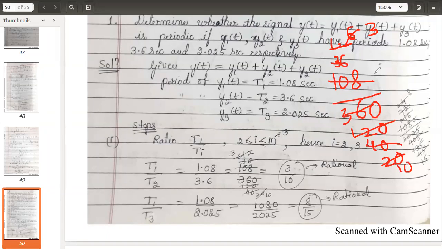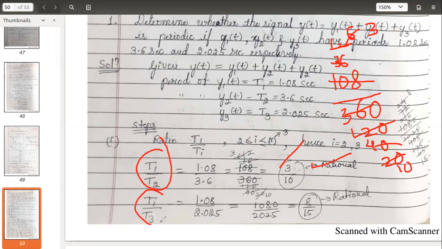Don't do it as 0.3 or something, don't write in points. I want the rational ratio, integers. Numbers should be integers, so I got 3 by 10. The ratio has whole numbers, both numerator and denominator are integers, so it is rational. I got the rational ratio for T1 by T2.